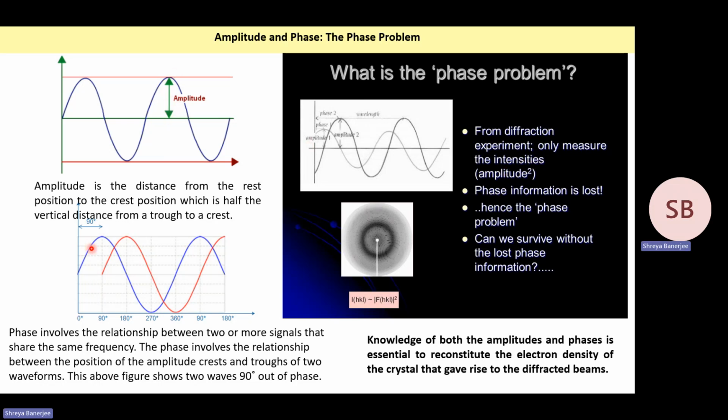However, you will not get any information about the phase. So the phase information is completely lost, and that is called the phase problem. But amplitude and phase are both very essential in order to reconstruct the three-dimensional structure of the molecule. So here we are just defining the problem. How the problem is solved, we'll discuss in the next class.